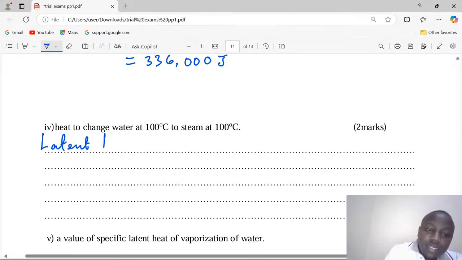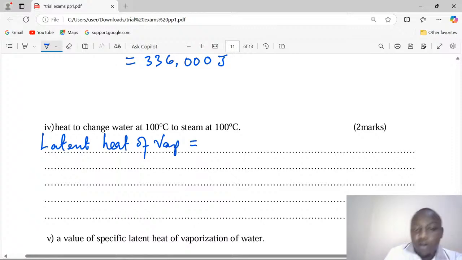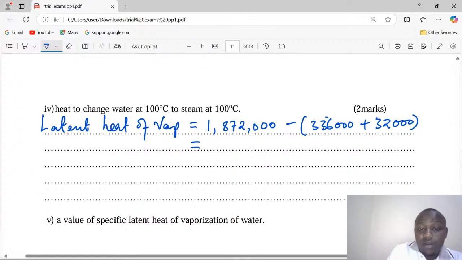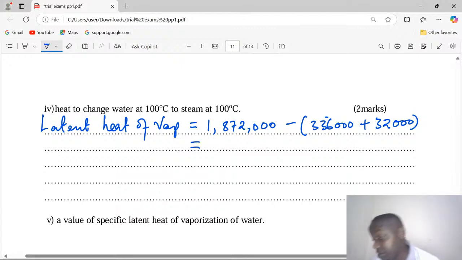So the latent heat of vaporization of water, the amount of heat which was used there, will be the total energy which was given out minus the one which has gone to raise water and the other one which has been used by the kettle. So the balance from these two is the one which will be used to vaporize the 0.5 kg of water.